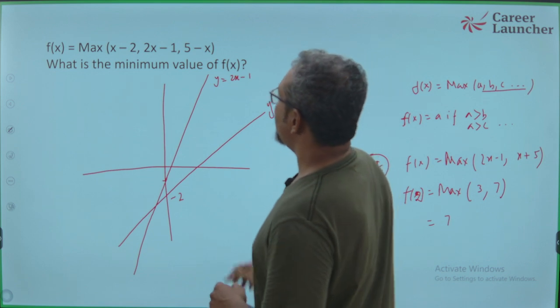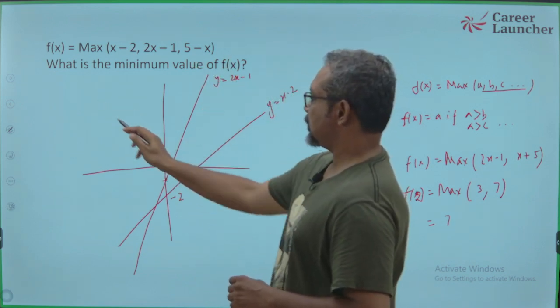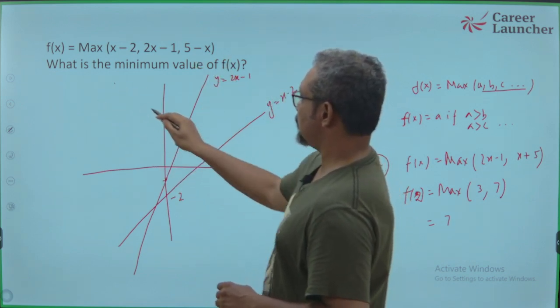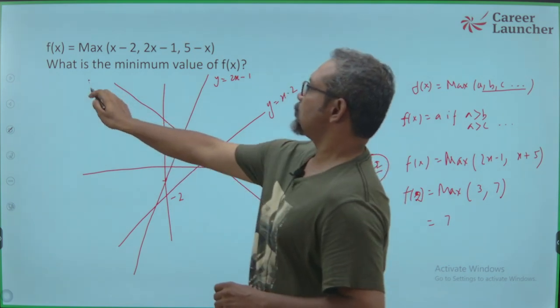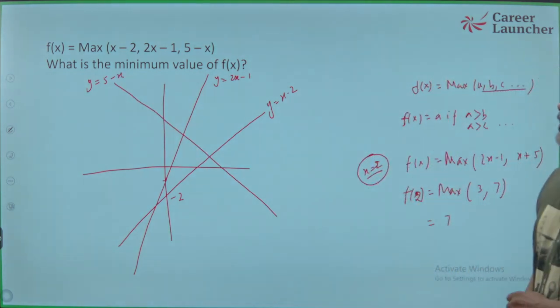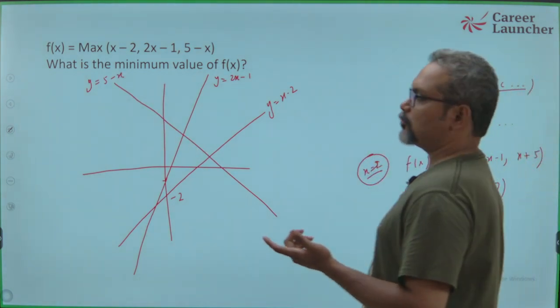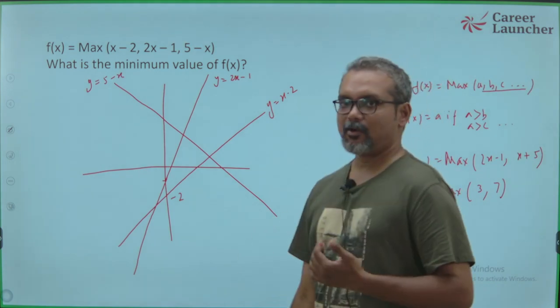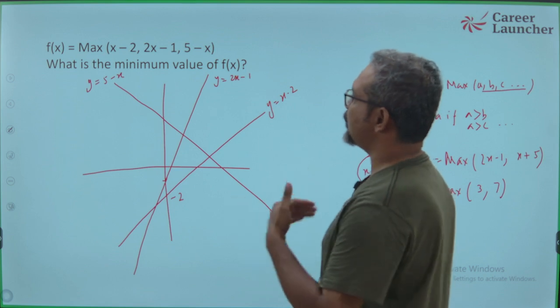Then y equal to 5 minus x, so minus x is a line like this, plus 5 is somewhere here, the line will go like this. So, this is y equal to 5 minus x. Now, look, it says that f(x) is the max. So, that means we are going to choose those parts which are on top of everyone else, the higher values.